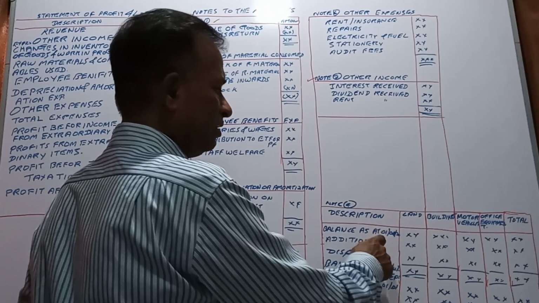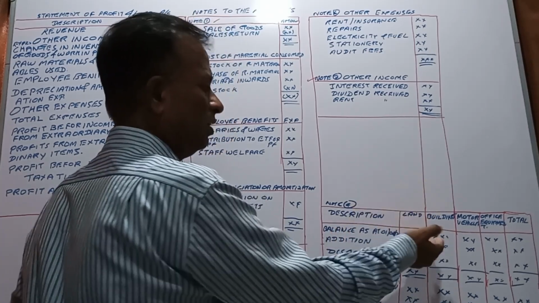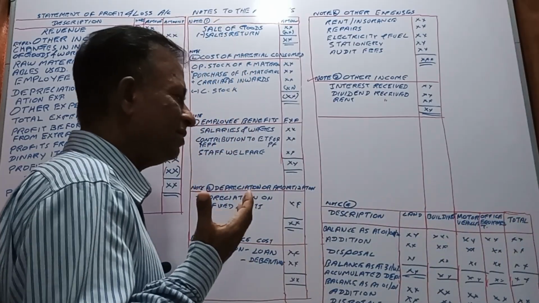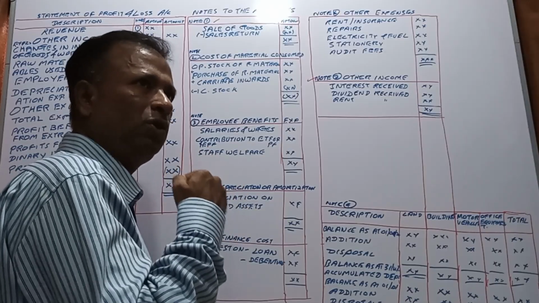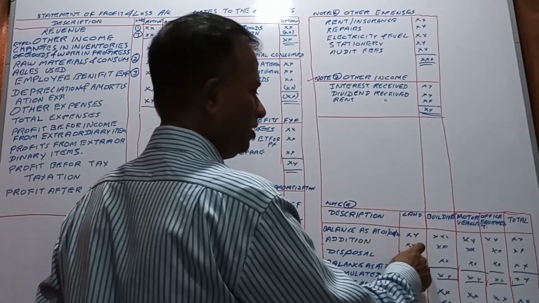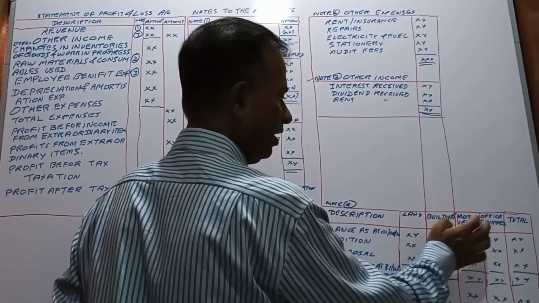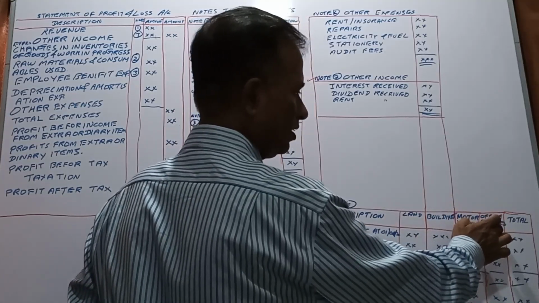Balance as at, for example, 1st January 2020, the balance will be here. And additions, whatever additions you are making during the year, you mention here. If this is land, this is building, this is motor vehicle, this is office equipments, and total.